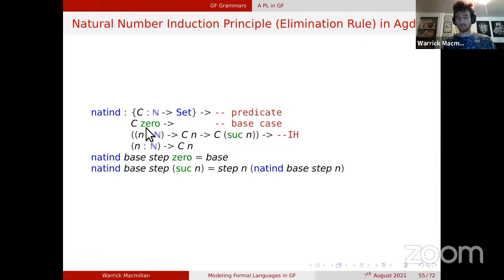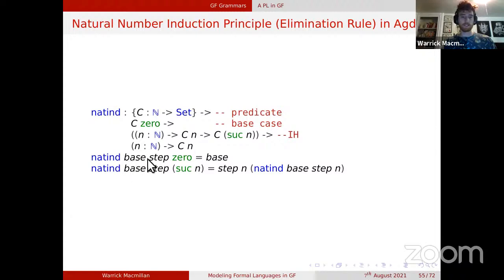If you can say it's true for the 0 case, and if for any n, given the predicate holding for the n case, you can prove that it holds for the successor case. So if we assume something's true for n and we can prove it for n plus 1, then we can say the predicate is true for all numbers n. And this, you just derive this induction proof principle from the pattern matching.